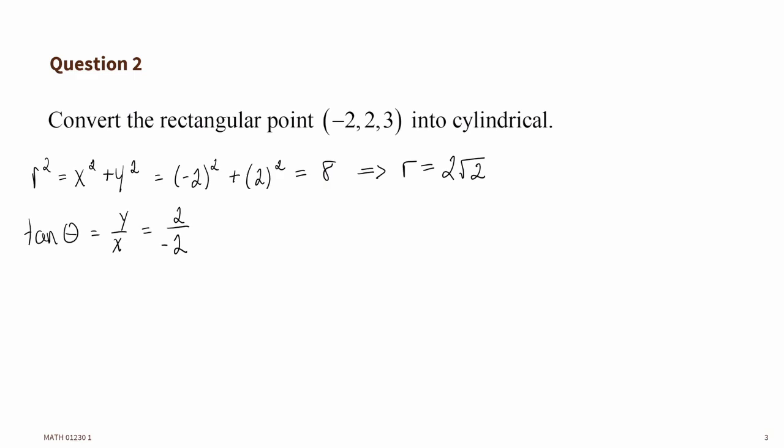So look at the projection of your point. What quadrant is that projection in? What does the inverse tangent give? So what would the inverse tangent of -1 be?